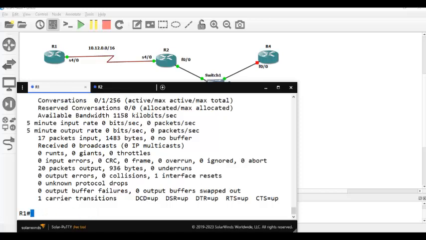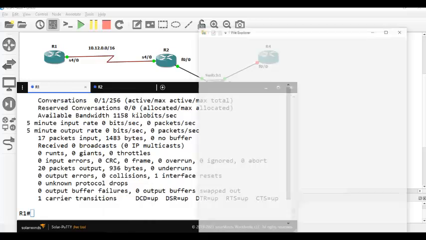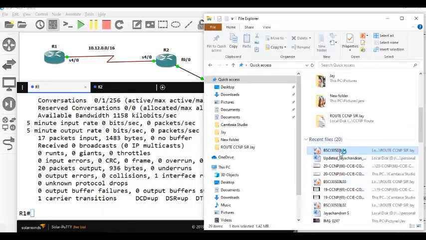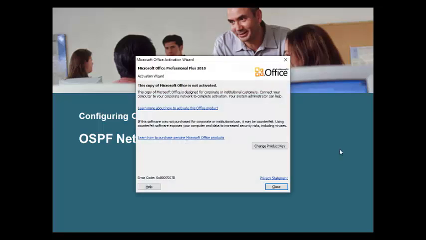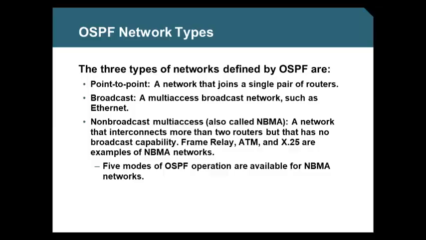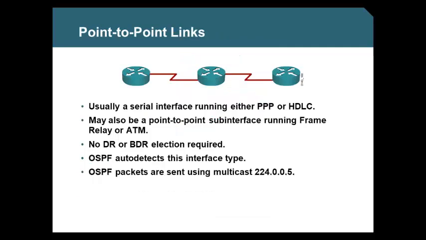You see the first line? Usually the serial interface runs either PPP or HDLC. It may also be a point-to-point sub-interface running Frame Relay or ATM. Let me show you that also.